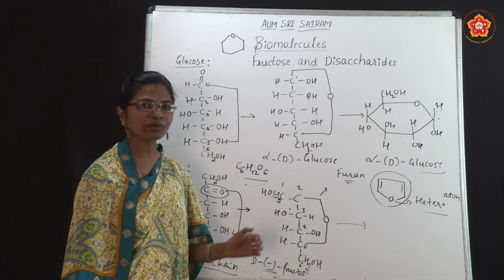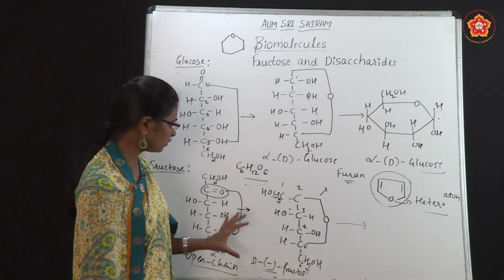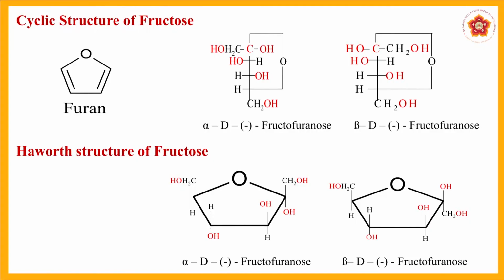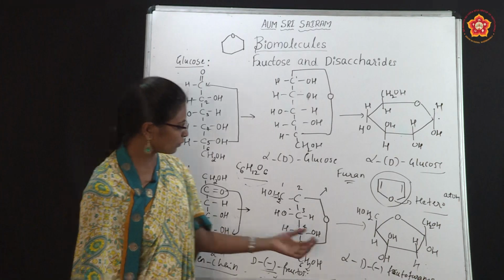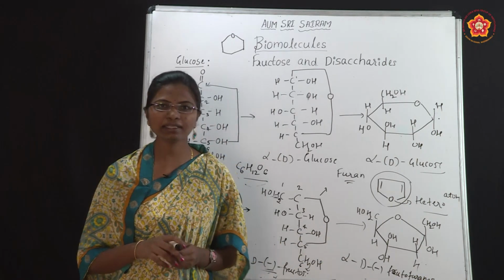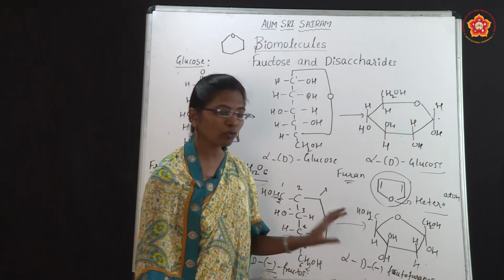Now we have to write the Haworth structure of the fructose. Okay, so it is analog with the furan molecule. So you can see the structure on the screen. Okay, this is alpha D minus fructofuranose, because it is taken from the furan. Now we know there are two forms, one is alpha, one is beta.